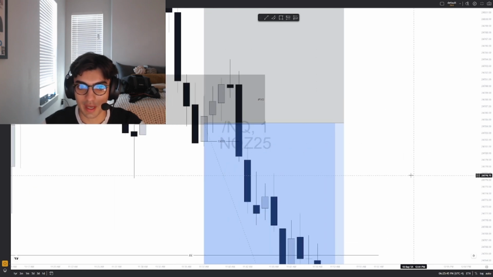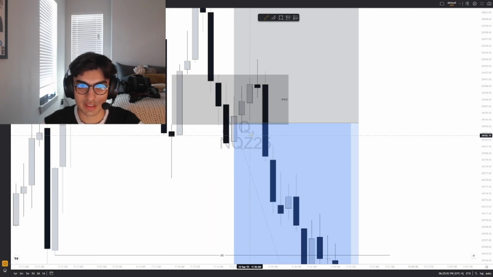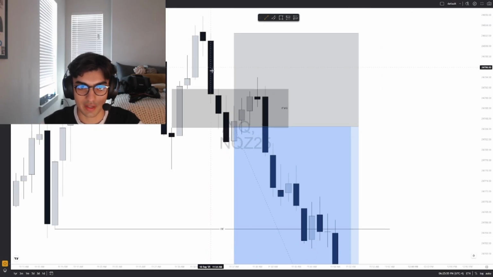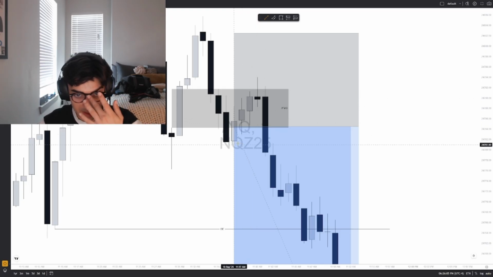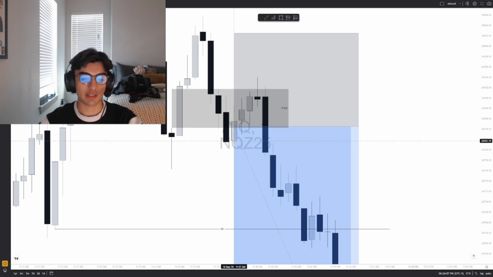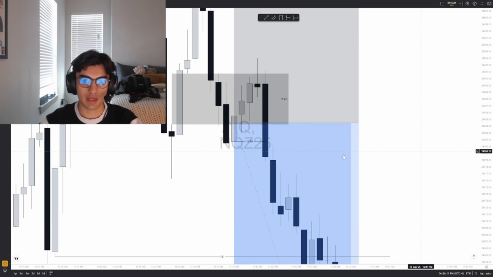And what we did have here is a change in state of delivery. Just for those who don't know what a CISD is, or a change in state of delivery: if you guys can see, we have this series of down close candles, and the very next candle after it was green, and it caused a move back up, leading me to believe that buyers are present here. So what I want to see for confirmation lower is that level get taken out, and that would change the state of delivery.